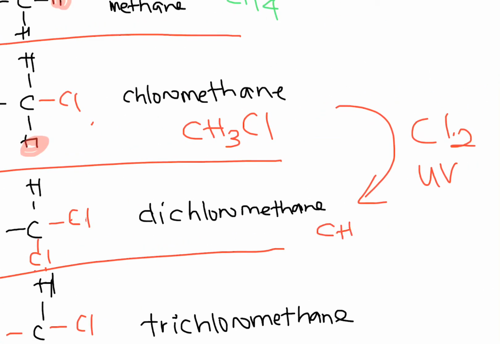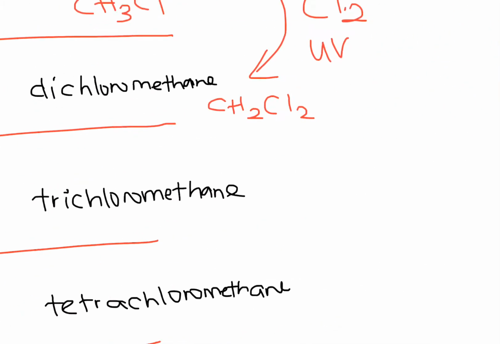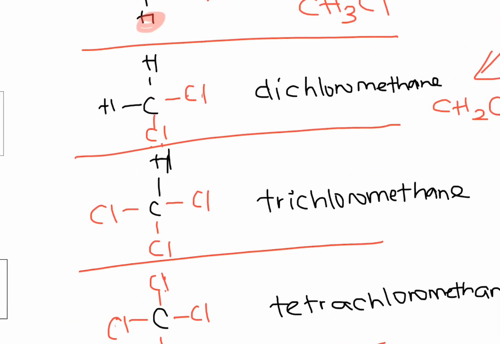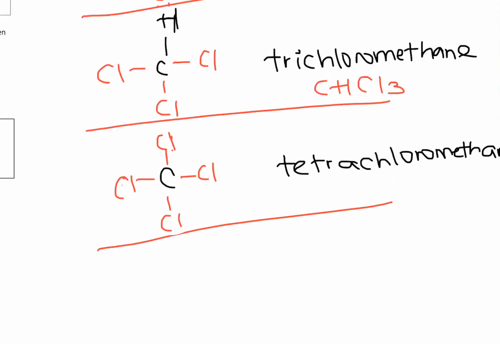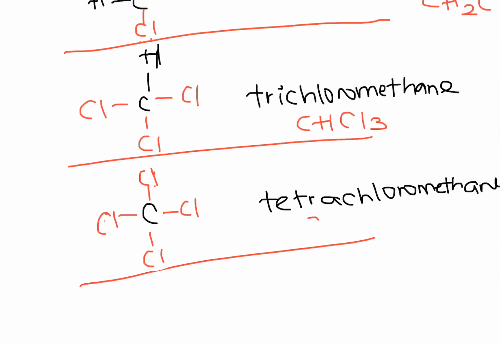CH2Cl2, that's dichloromethane. Trichloromethane, so you're going to react dichloromethane with more chlorine gas, UV light. Another hydrogen is going to be replaced, so you have CHCl3, trichloromethane. And if you react with more chlorine gas in UV light, you have tetrachloromethane, which is CCl4.